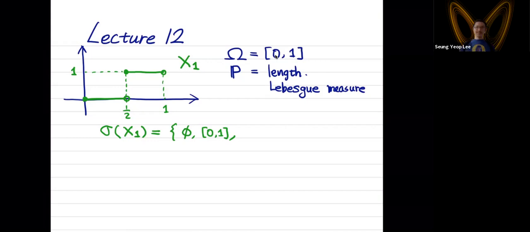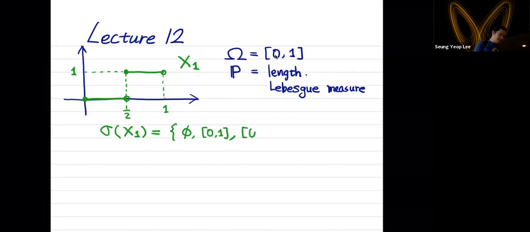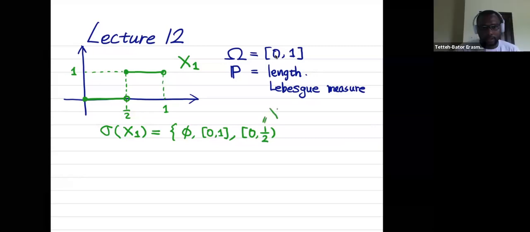Okay, any answer? What are the possible pre-images of x1? All the pre-images of x1 have to be in the sigma algebra of x1. 0 to 1/2? Yes, 0 to 1/2, because 0 to 1/2 is exactly the pre-image of 0, right? And the complement.